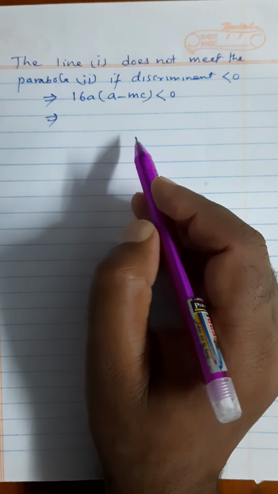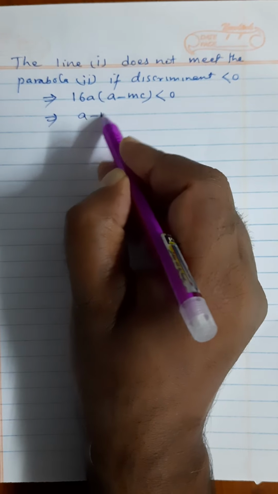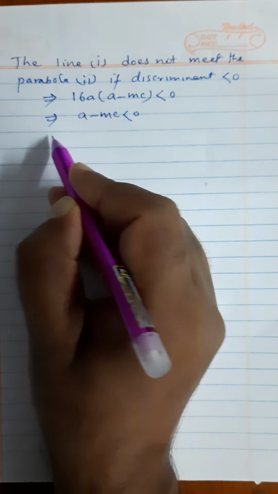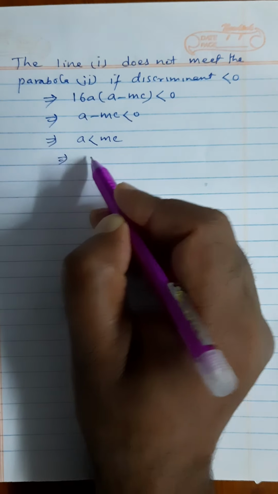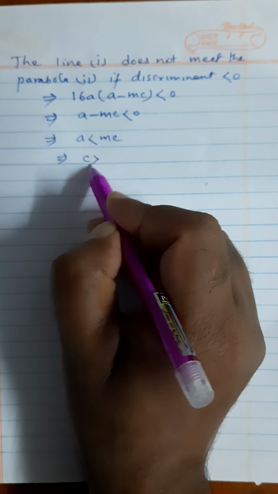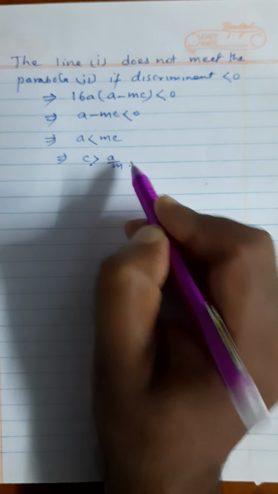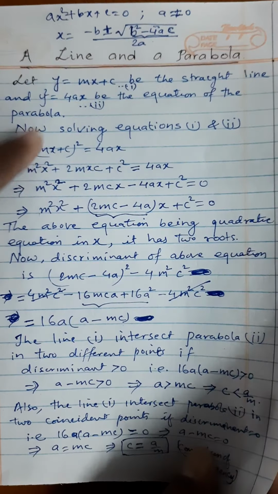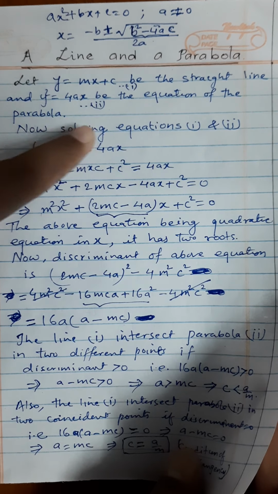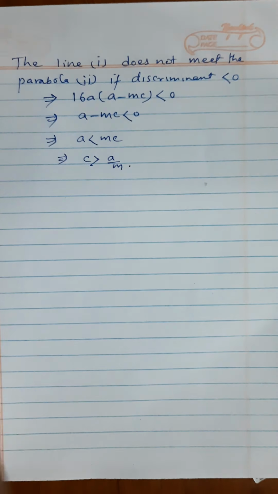Dividing both sides by 16a, we get a minus mc less than 0. This implies a less than mc, which implies c bigger than a over m. So this is the condition for line 1 not to meet parabola 2.